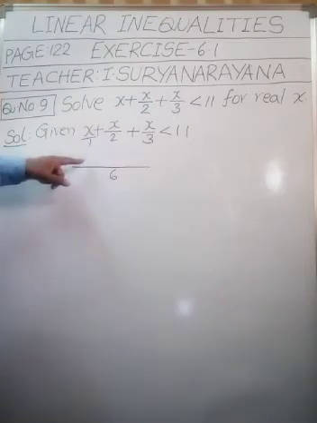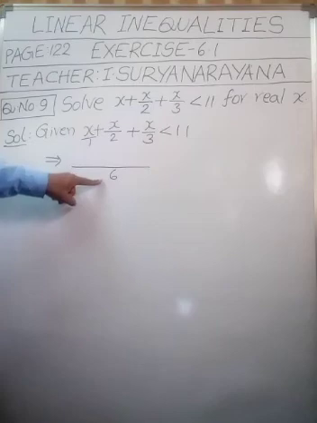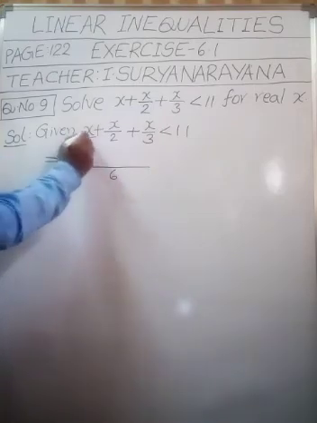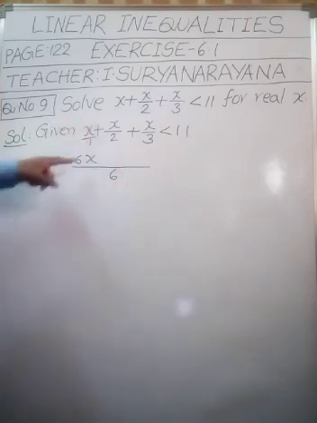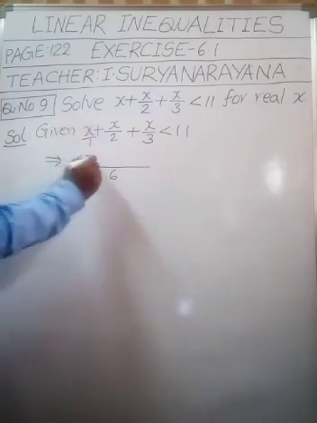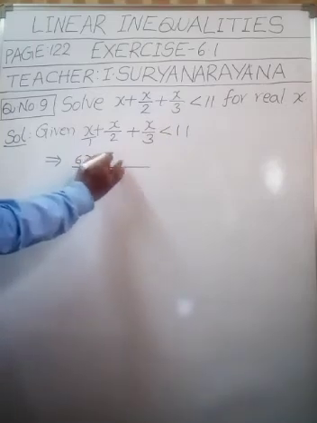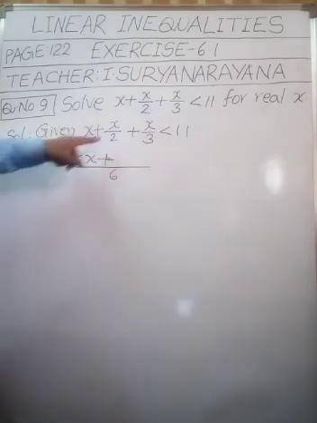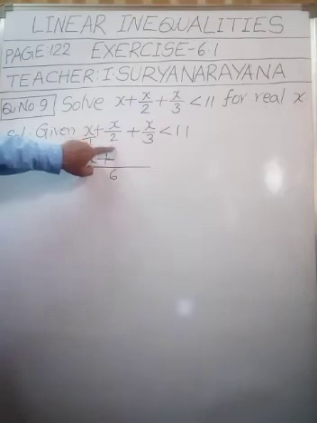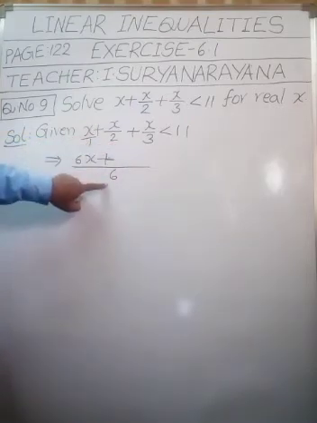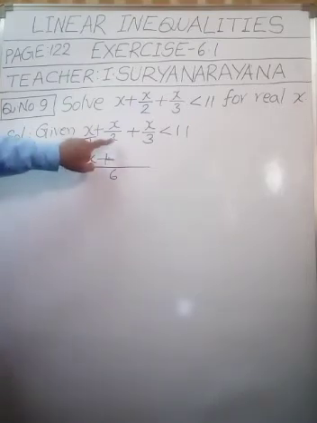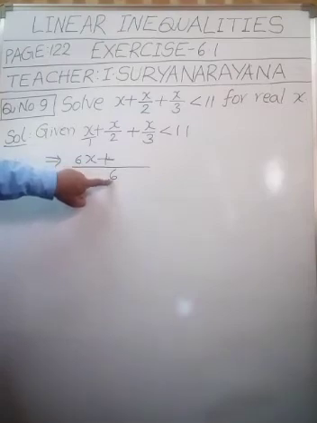Then let us write the numerator part. 1 table in 6, how many times does it go? 6 times. So 6 into x. Understood? This is the first term. Plus, now let us write the second term. Assume that this is a 2 table. In 6, how many times does it go? 3 times.